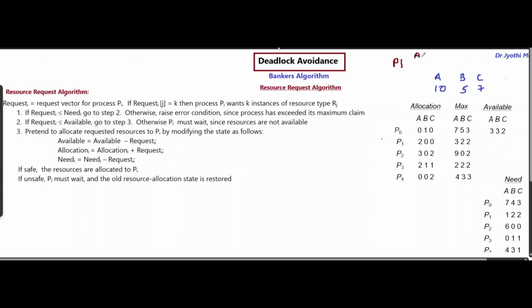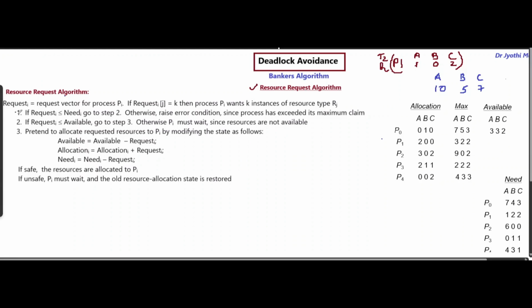It is the request by P1 for A, B, C resources: it is requesting 1 resource of A, 0 resources of B, and 2 resources of C at a particular time, t1. This is the request. Now, whether this request has to be satisfied or not, how do we do this? The operating system will first take this request, run the resource request algorithm mentioned here, and the values will be updated. After that, the safety algorithm has to be run again. Let us do that.